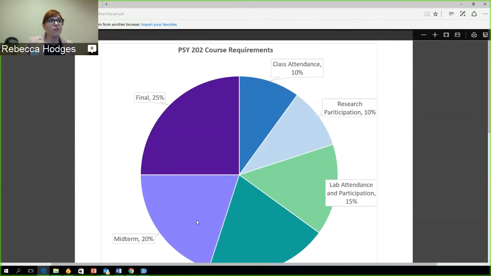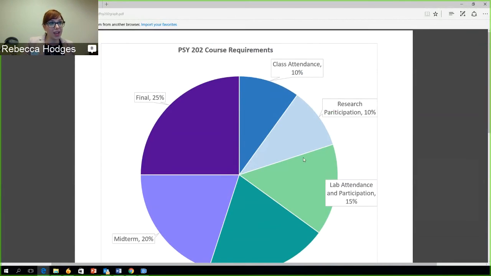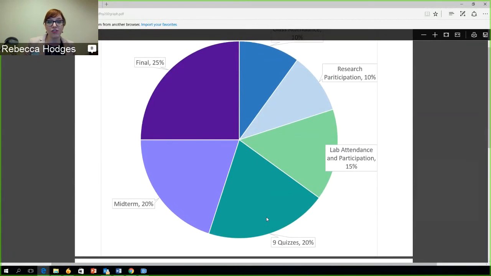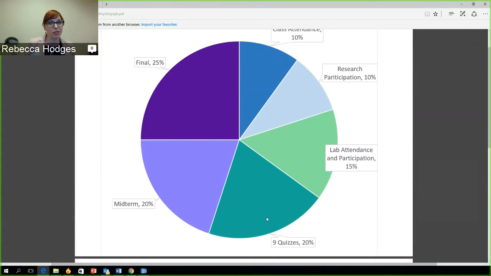So once you fully understand the weight or how much each assignment is worth towards your grade overall, if you're writing down all those deadlines and dates, for example, in your calendar or in your planner, you can really make a note and highlight the assignments or exams that will be really important to complete because they contribute the most to your grade overall.